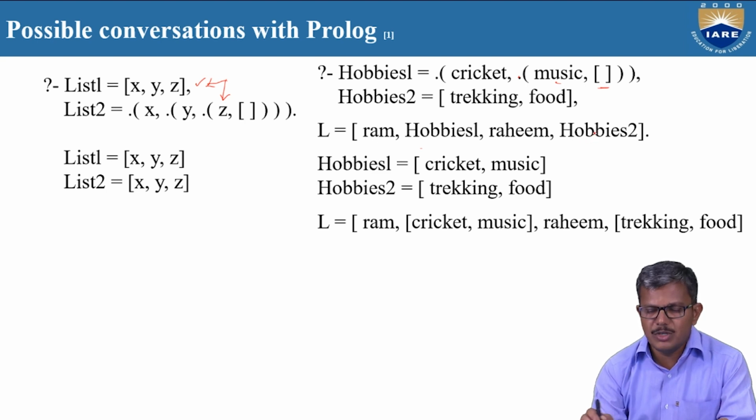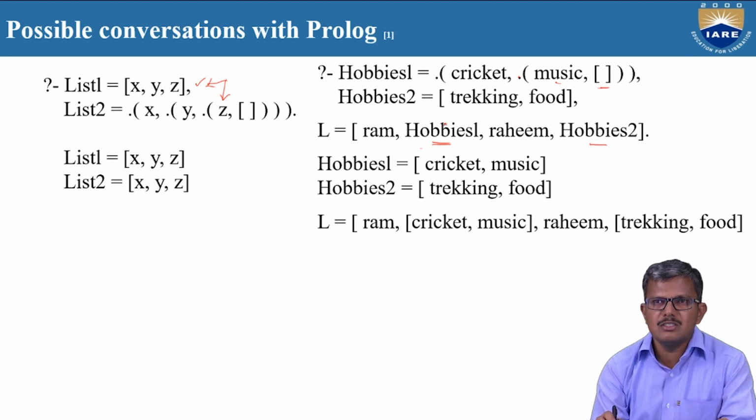Already we have created these two lists: one with cricket and music, and the other with trekking and food. Whenever you execute the Prolog code, these two list objects are going to be replaced with the list items. So at the end, we see the entire representation in this way.